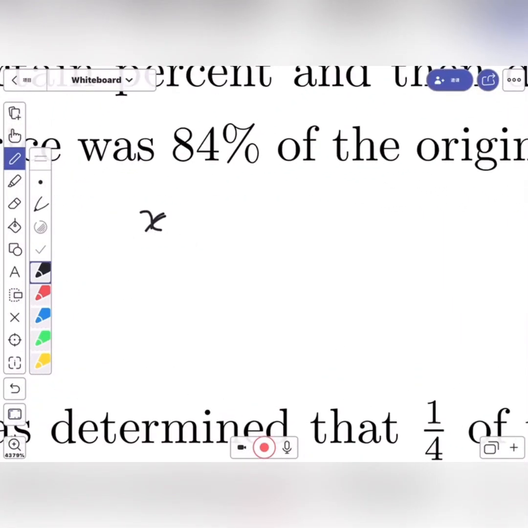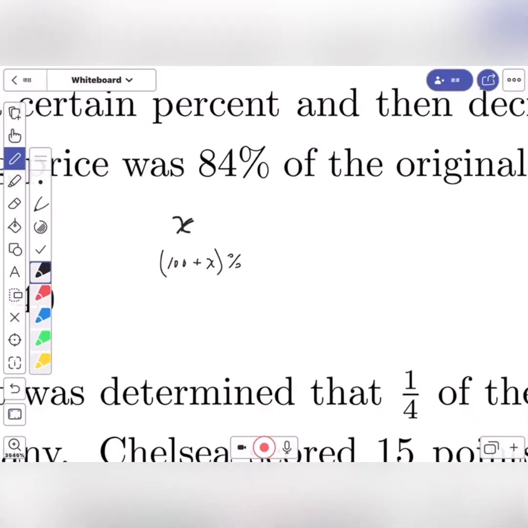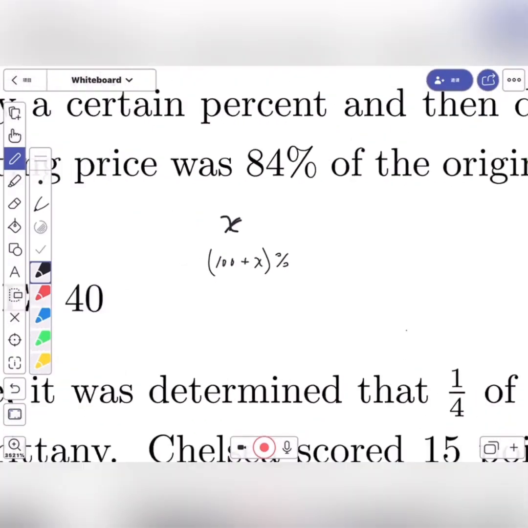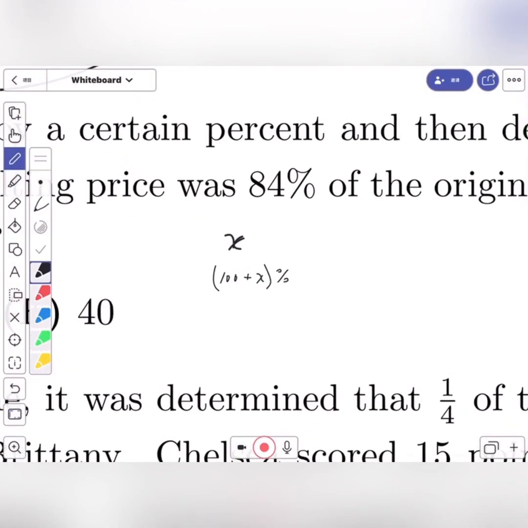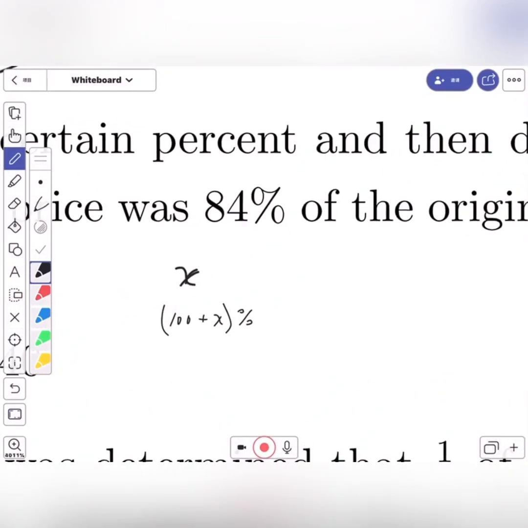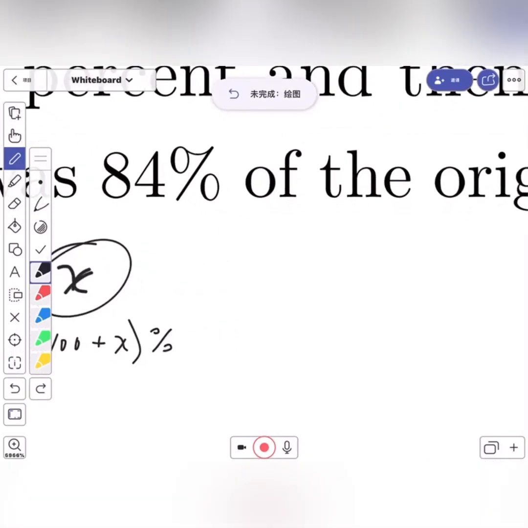Then we basically want to have 100 plus x percent after the x percent increase. And you might say, how is that possible if you increase the same percent and decrease the same percent? Well, you're going to decrease x percent of this new quantity, not the old quantity. So this value would change.